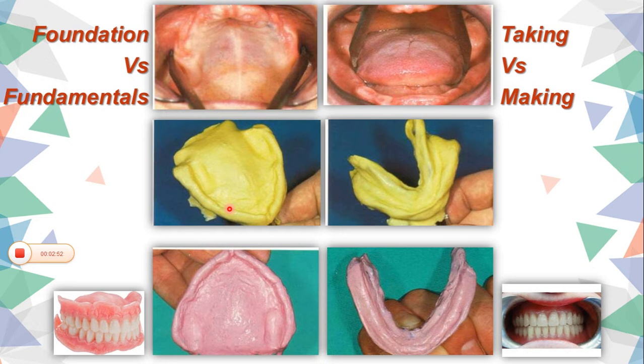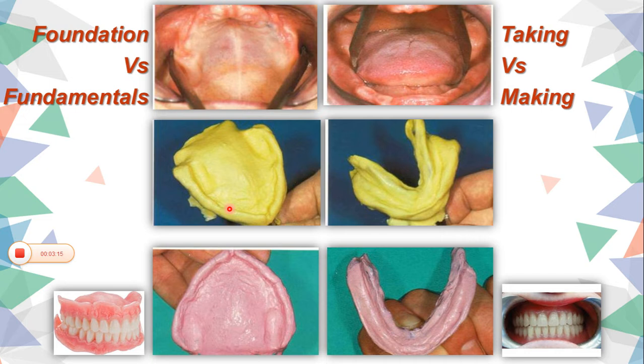Any deviation from the basic normality needs to be identified. Any inflammatory or pathological situations need to be noticed, and accordingly the surgical or pharmacological intervention needs to be implemented before we start making the first attempt at impression.